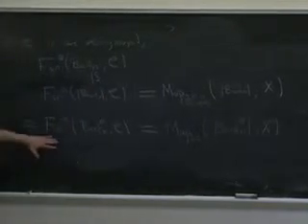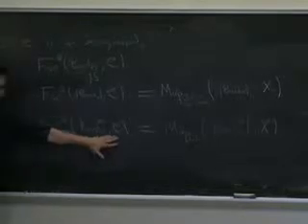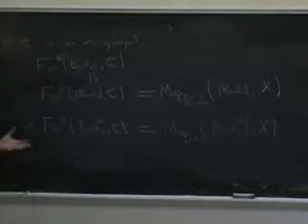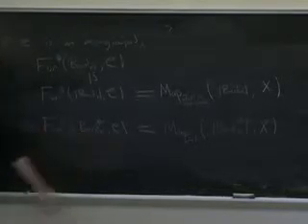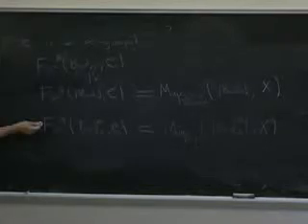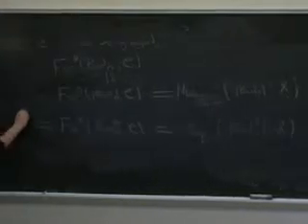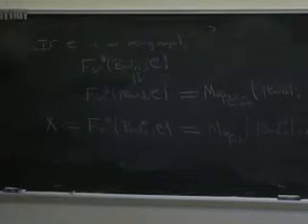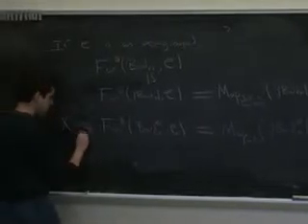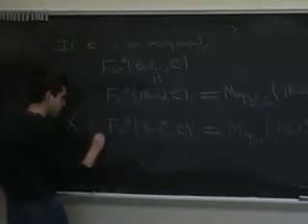The Cobordism hypothesis will tell us that this is equivalent to the underlying infinity groupoid of C, which is just C itself, or in other words, the space X. So here's the Cobordism hypothesis being applied.